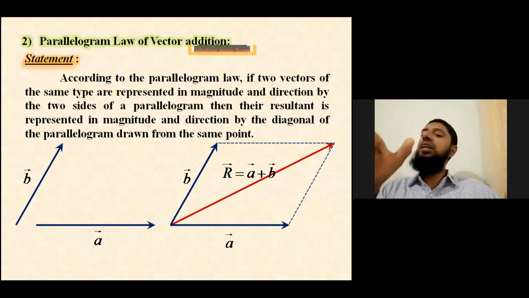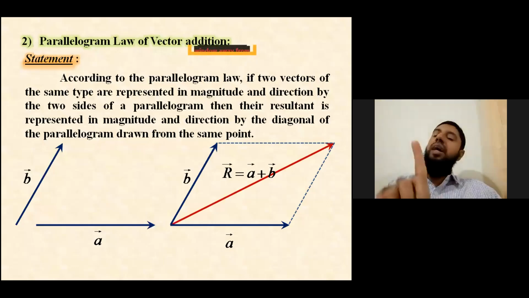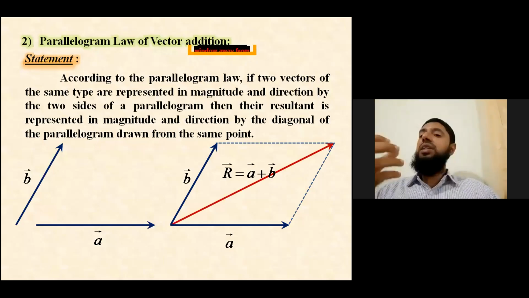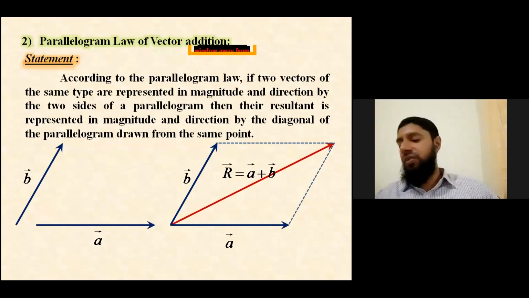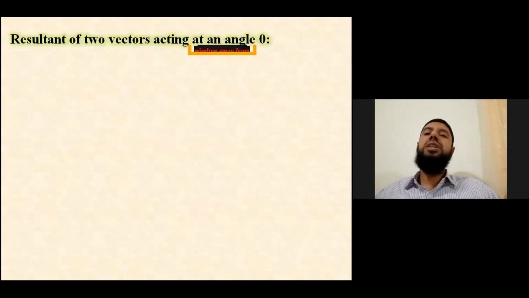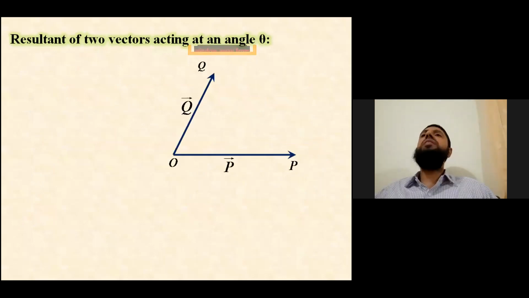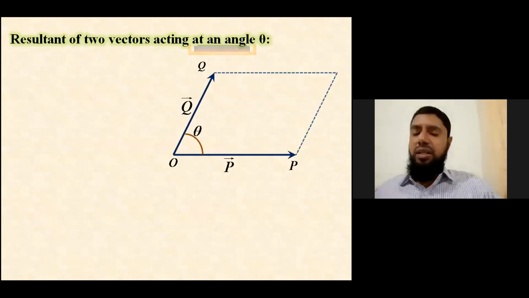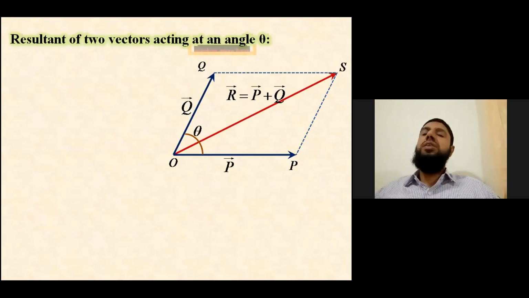The length of the diagonal gives the magnitude. The direction of the diagonal is the direction of the resultant. Then what is the value of the magnitude and direction of the resultant? That is for which you have made a derivation in first year. I am not concentrating on the derivation, just on the relations you have studied. If I am having two vectors, vector P and vector Q, with an angle theta between them, then the resultant is the diagonal of the parallelogram drawn with these two vectors as adjacent sides.